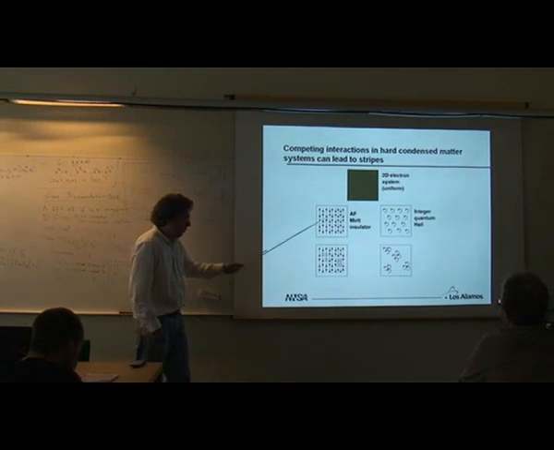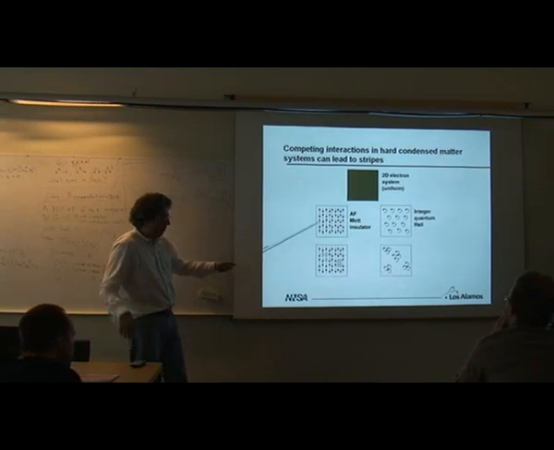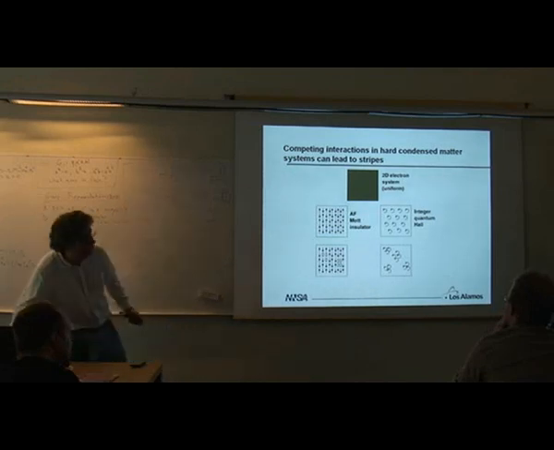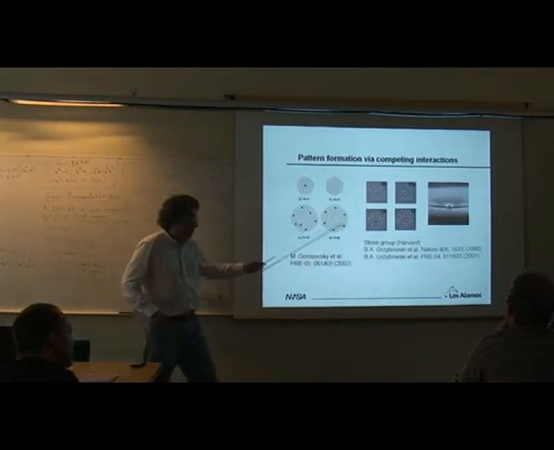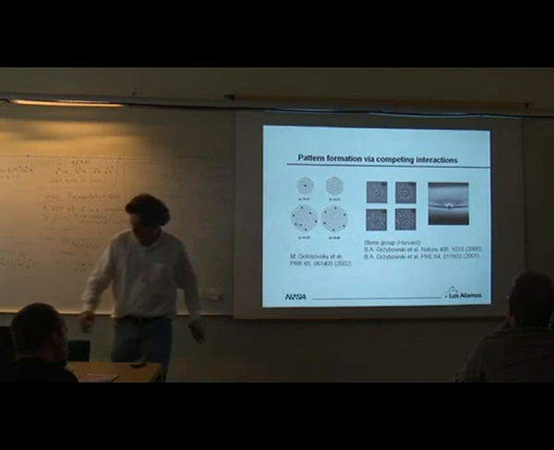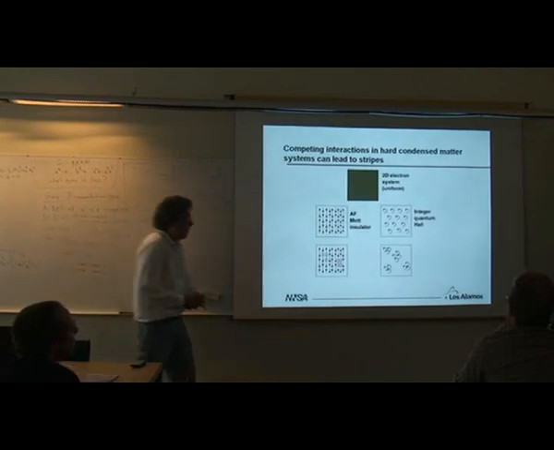You put a hole in there, that's a charged object, it's repulsive, but it distorts the spins around it. It's not that different from this, because this costs energy. If you put another one down, they can share their divot, and this time they share their spin distortion, and that will lower the energy.